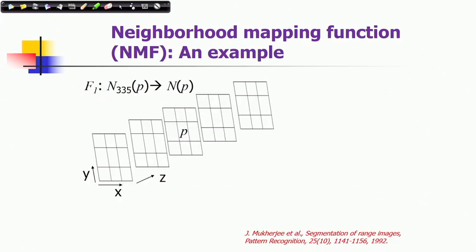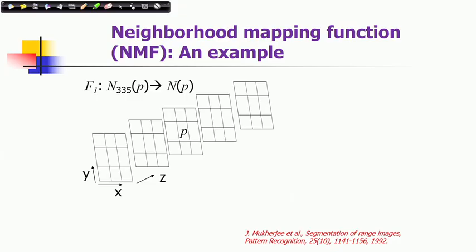So, one such possible neighborhood mapping function is described here. In this case, you can see that we are extending the neighborhood by 3 cross 3 cross 5, which means there is an extension along the z direction in both the front and backward directions.